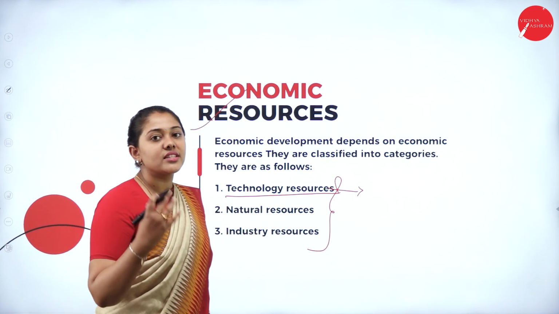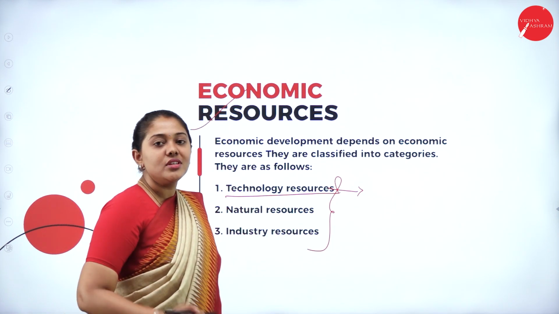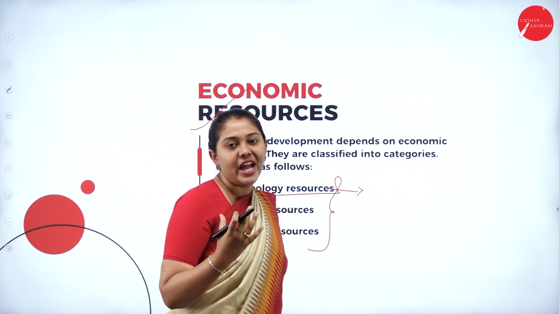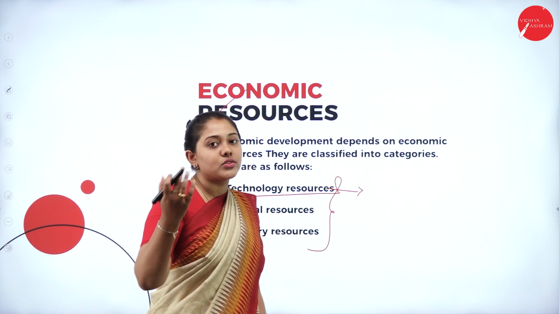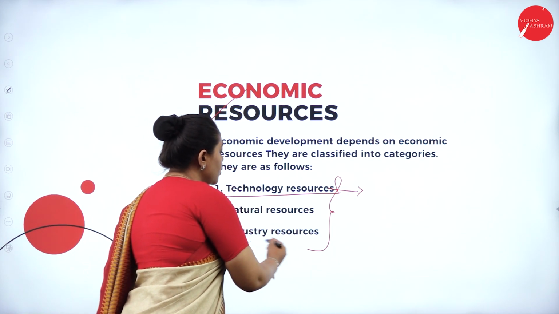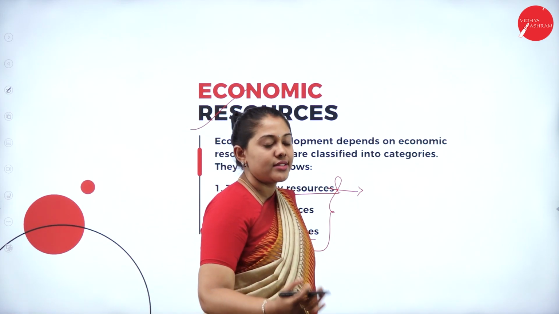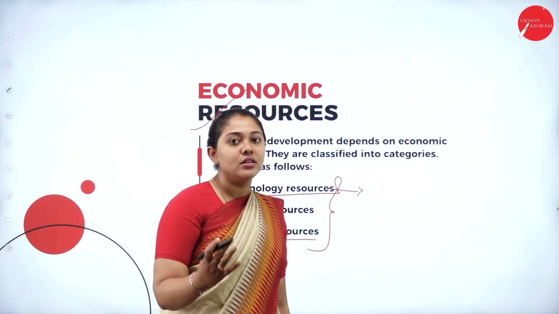Natural resources are nothing but the renewable and non-renewable resources. What do we have? We have soil, water, all these are natural resources. When it comes to industry resources, it is nothing but the factors of production: land, labor, capital, and organization. So all these are the industry resources in your chapter.